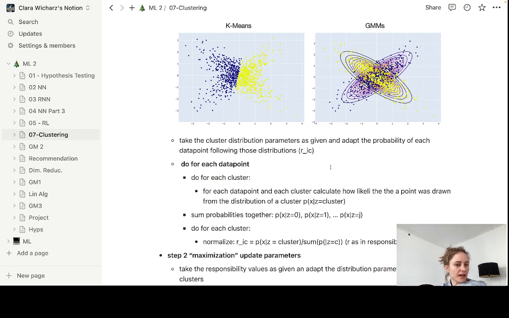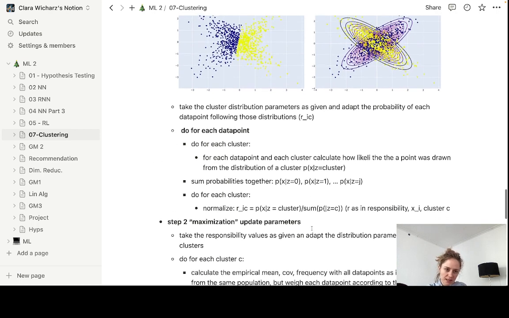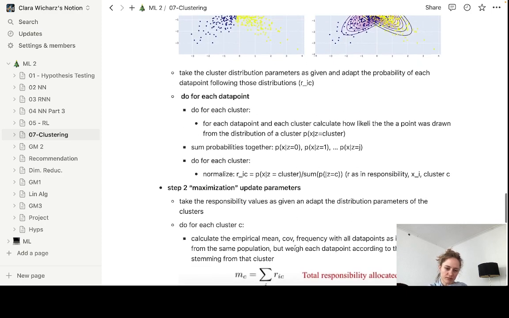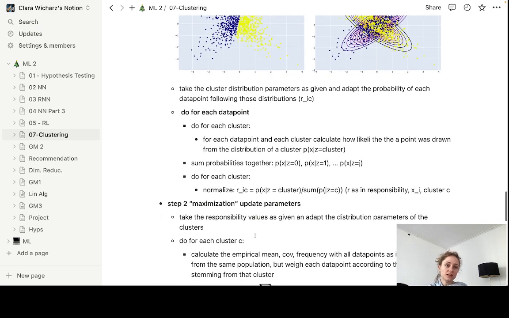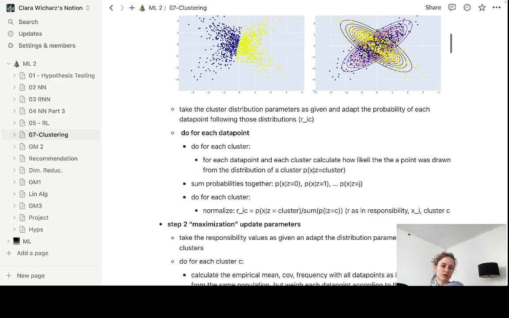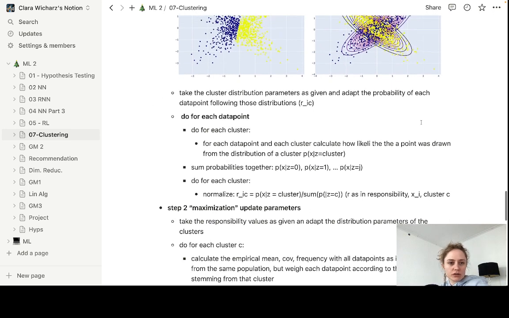And now we adapt our cluster distribution parameters again, mu and covariance. Then after we updated the parameters, we again take each data point and say, with what probability is this data point drawn from cluster 1? With which probability is it drawn from cluster 2? But now with the updated values. And so we iterate from expectation to maximization to expectation to maximization until we converge, just like in k-means.